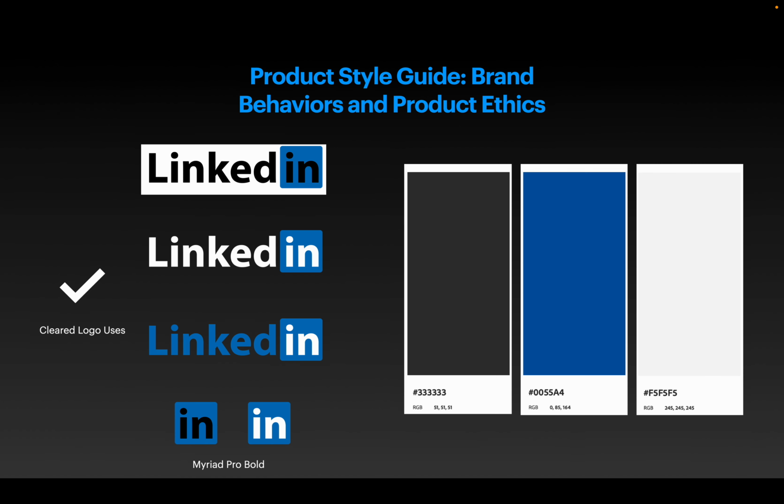And then moving on to the cleared logo uses, we have the primary, secondary, and tertiary colors on the right, and then all of the cleared logo uses on the left.